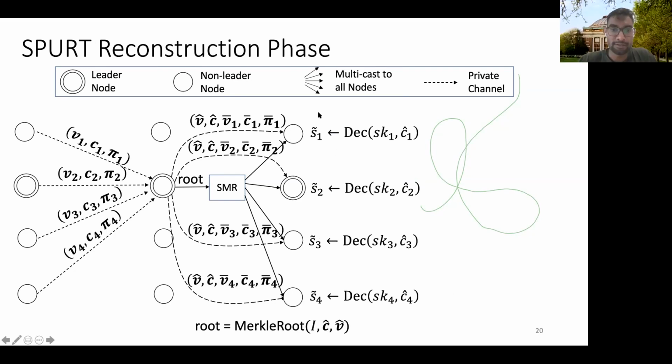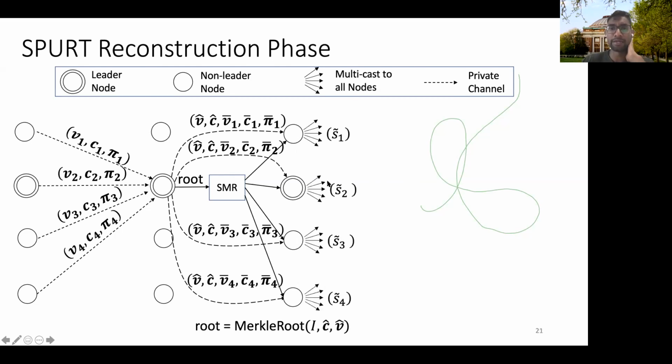So after nodes validate and agree on the root, and they agree that enough nodes received valid shares, each node will decrypt their individual share. Node 1 will decrypt the first element of the C hat vector, node 2 will decrypt the second element of the C hat vector, to compute the decrypted message, and then they multicast it to everybody. This is a single group element, and everybody multicasts it to everybody else.